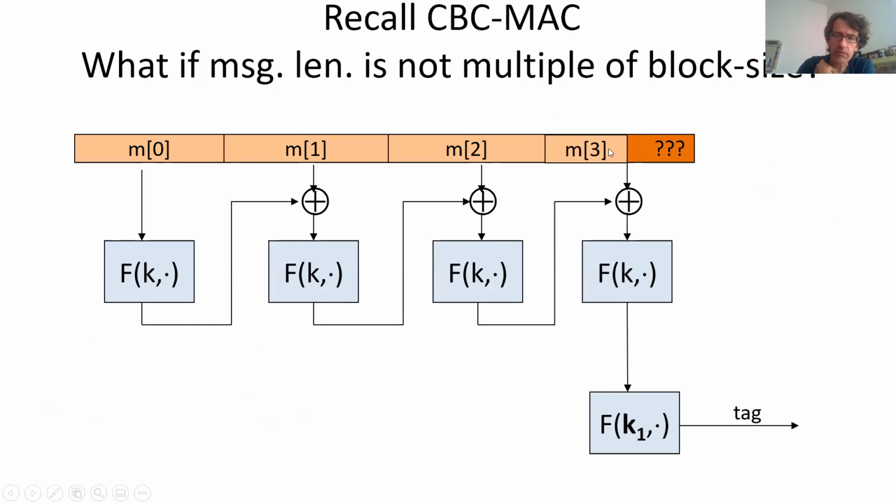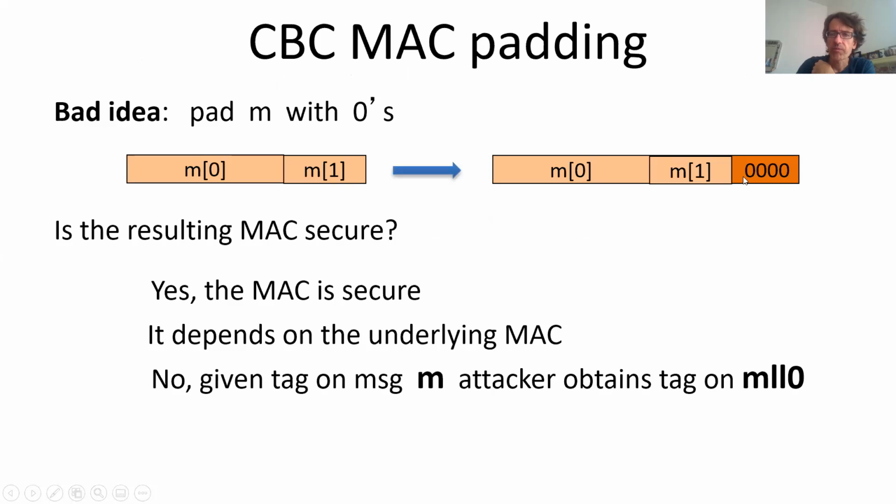So let's say you're doing CBC and the message didn't end at the block boundary. What do you use here? That's a question I can pose to you.